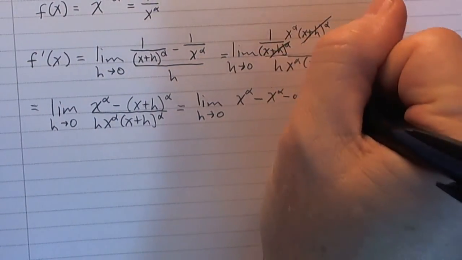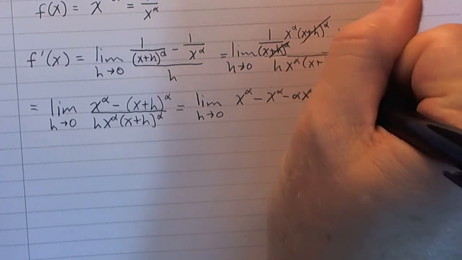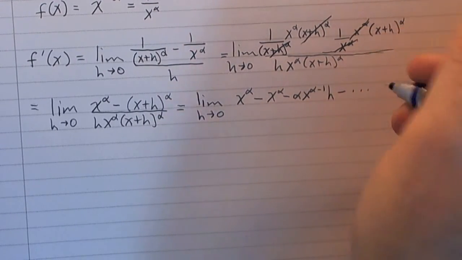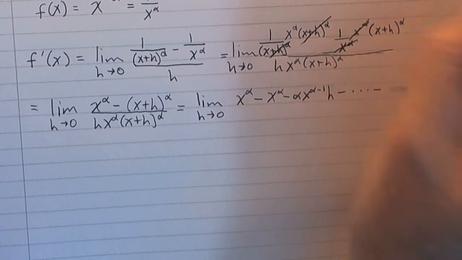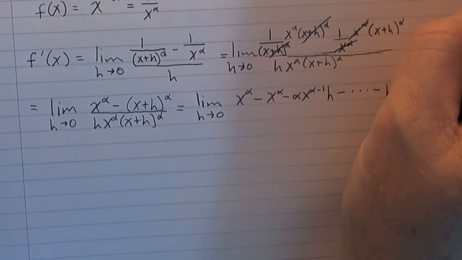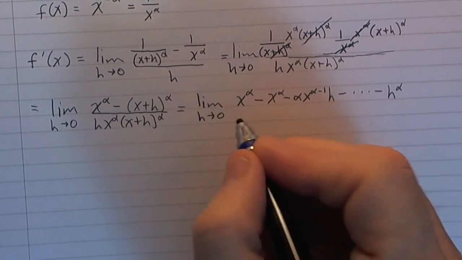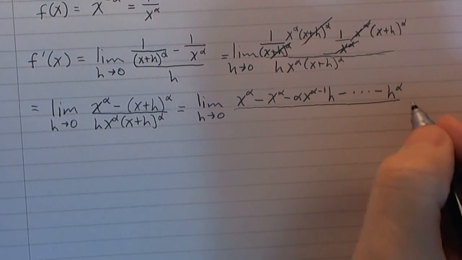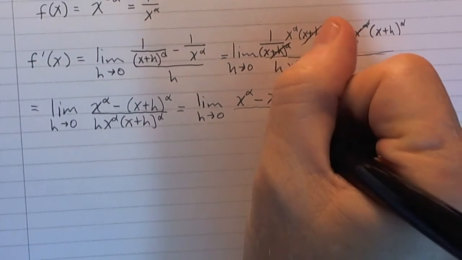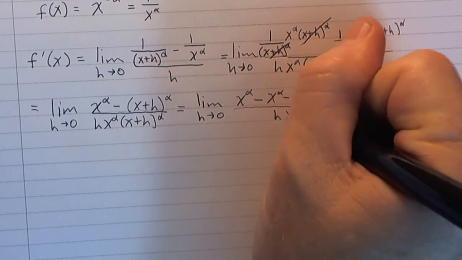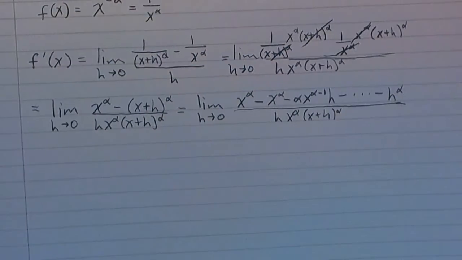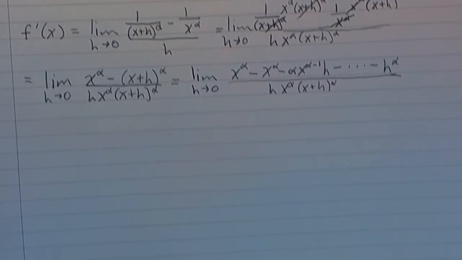It's alpha x to the alpha minus 1, h, and then we come all the way down to the very end where we've got h to the alpha. And then we've got h, x to the alpha, x plus h to the alpha. Okay, we're almost done here.